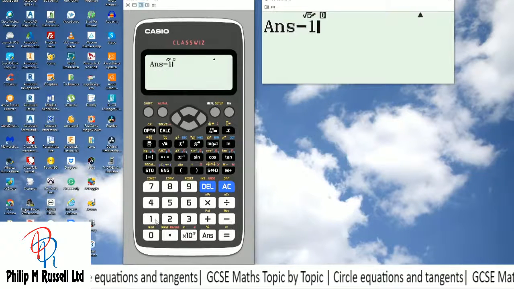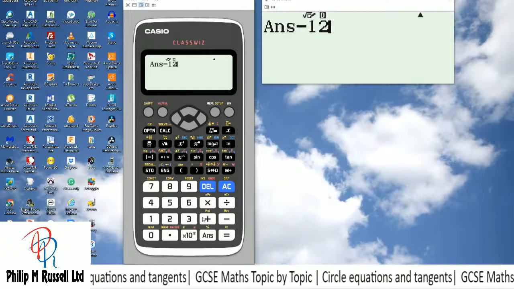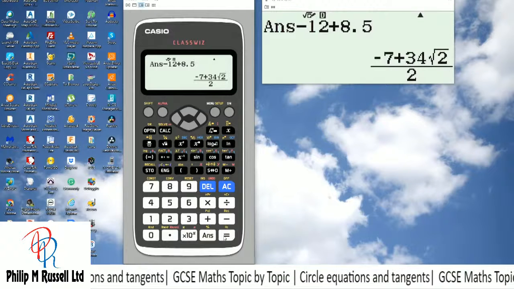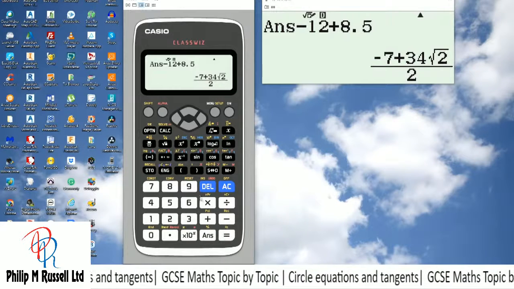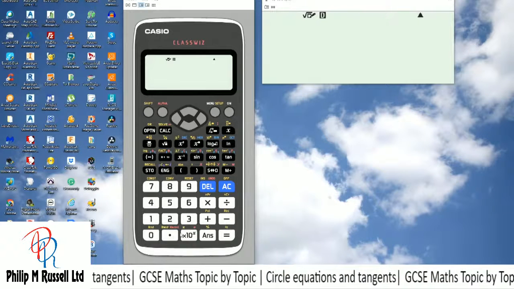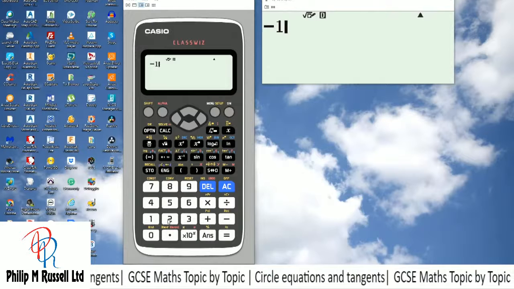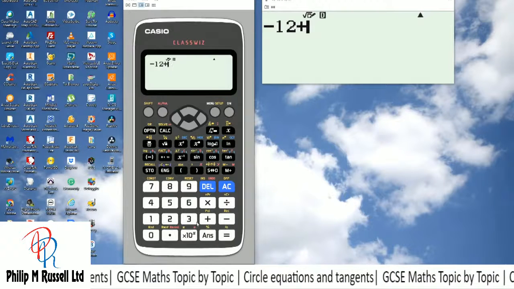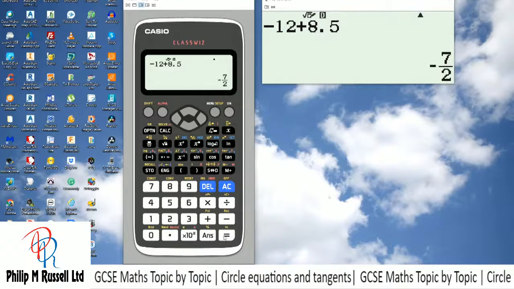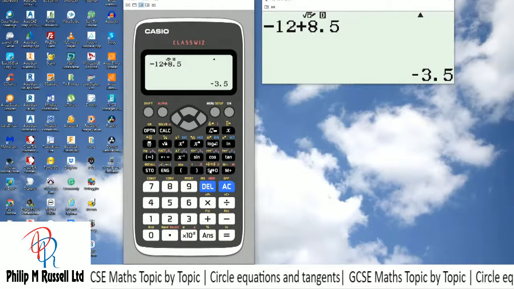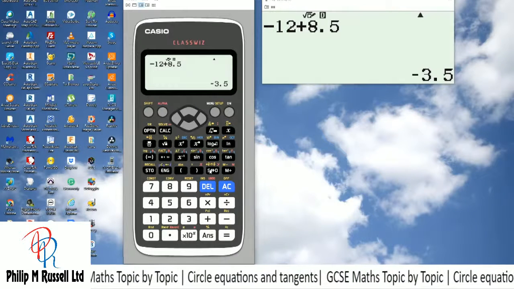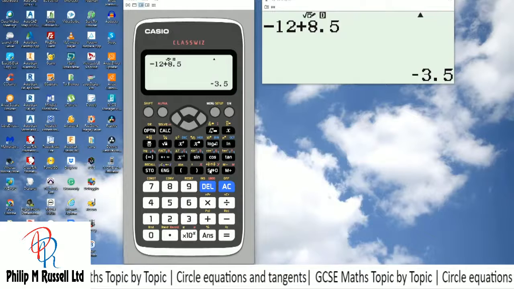We can do minus 12 plus 8.5, and that gives us minus 3.5, which you could have worked out in your head probably quite happily.